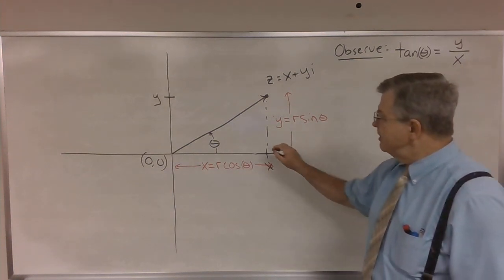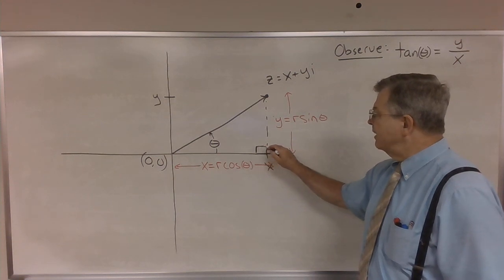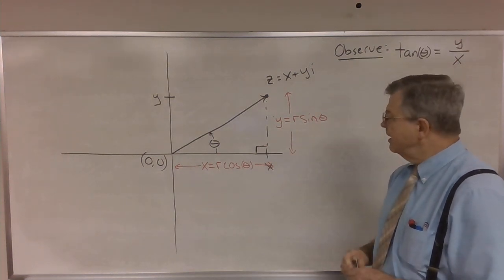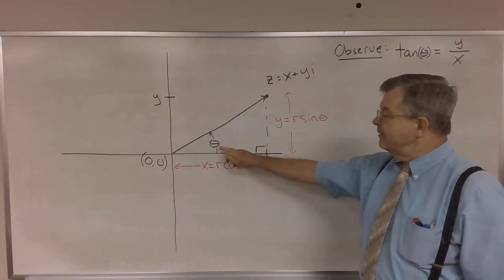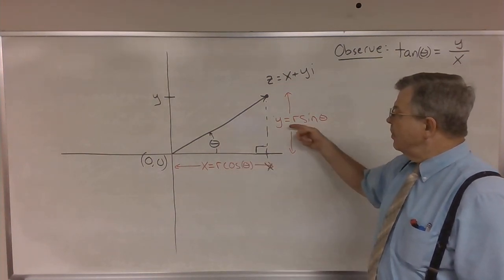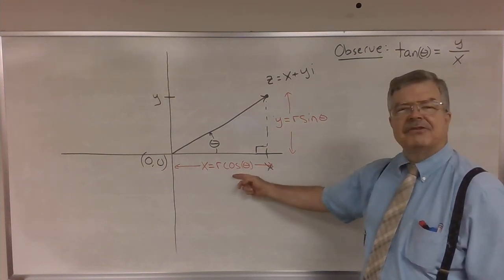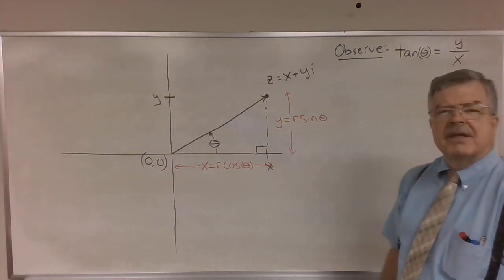But in the context of a right triangle, where theta is the angle of reference, y is the opposite side, x is the adjacent side.